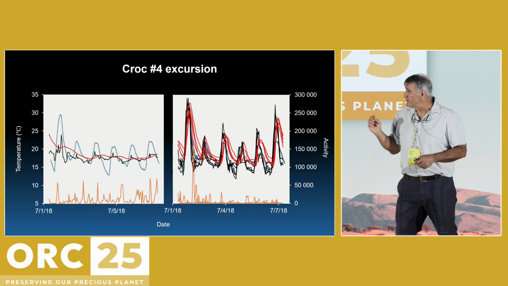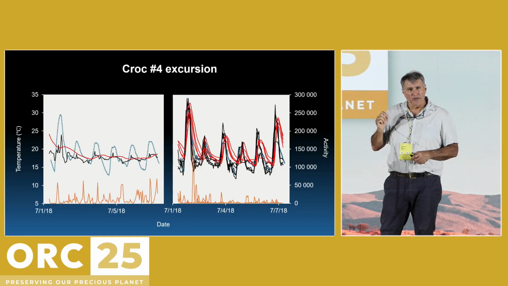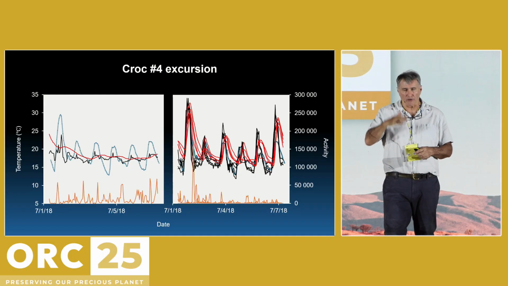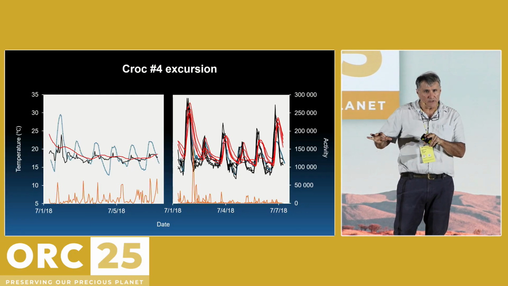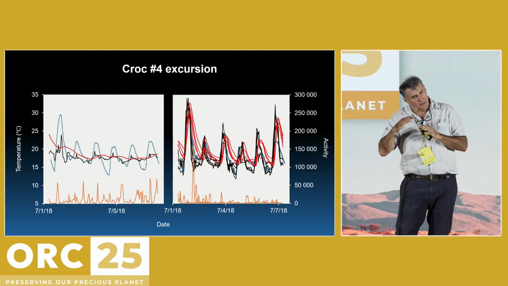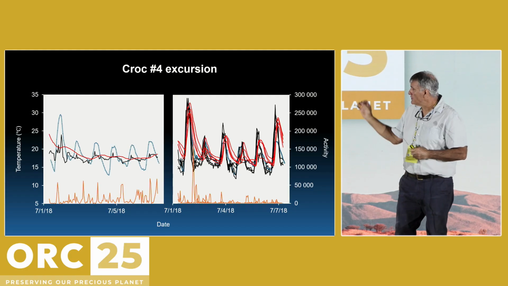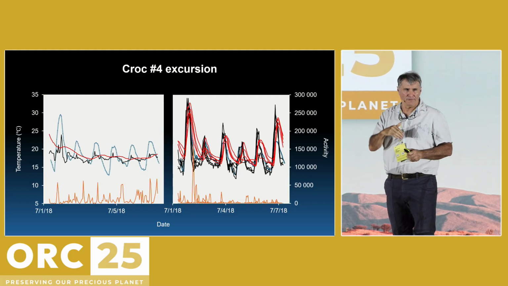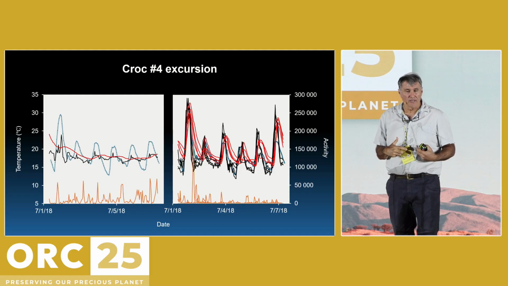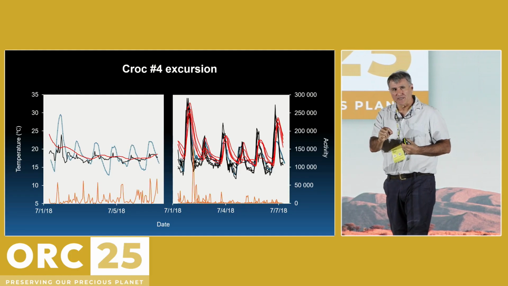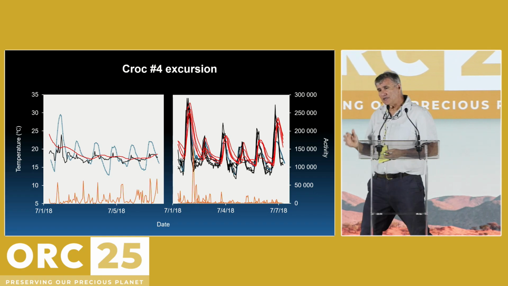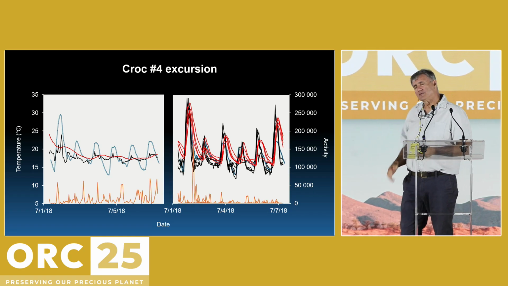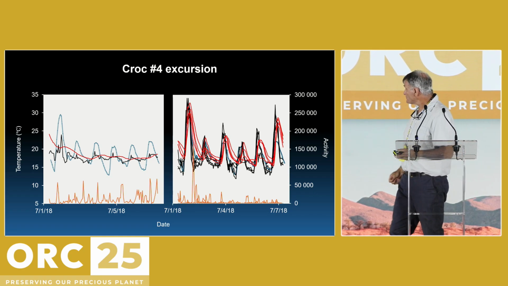As a consequence of that, we see in the red trace that the body temperature drops. And there's a slight recovery during the day, and that's because the water's warming up, but the next night, the temperatures drop. This crocodile is not defending its core temperature, and it's not basking. And this tells us that the basking of the crocodiles is absolutely critical.